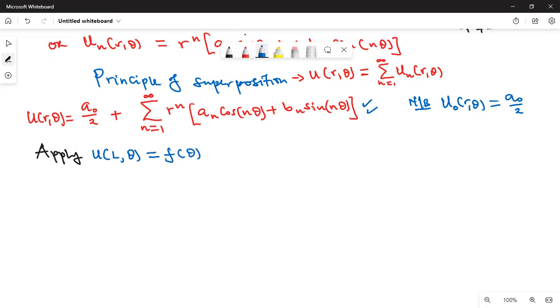So what do we get? That means you put r equals L, and your solution should be f of theta. So this is what you're going to get.